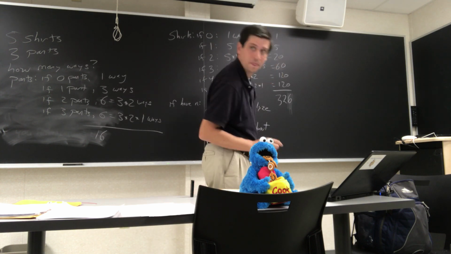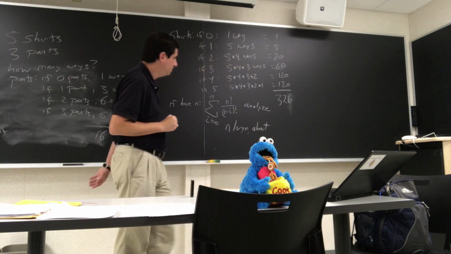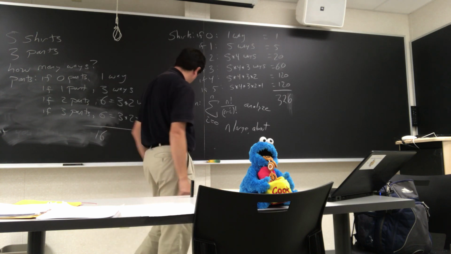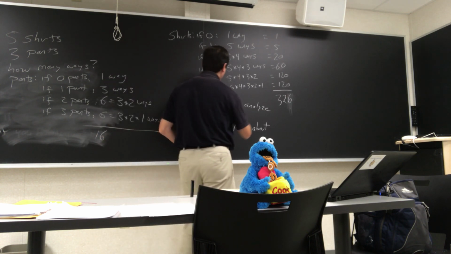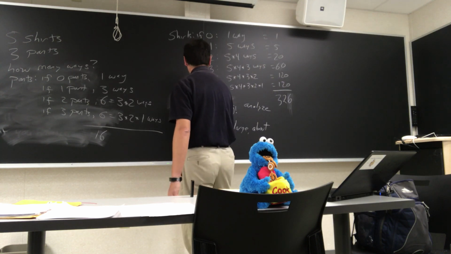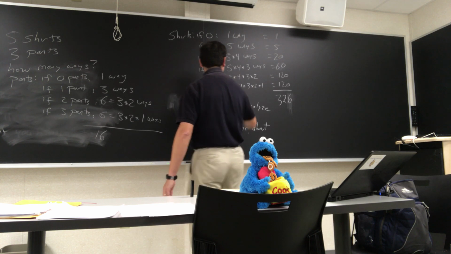Wait, oh, because n minus I equals I, right? Yes, for factorials, because you're summing them all. So you can rewrite that as n factorial times the summation as I goes from 0. Just pull out the n factorial. Oh, that's nice.